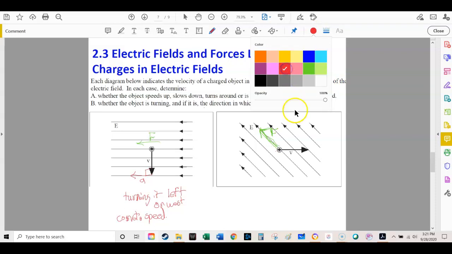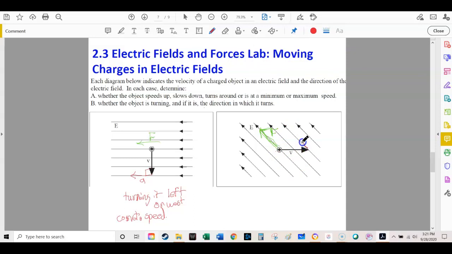Let's just tag on that acceleration vector right here. I'm going to add that acceleration vector to the velocity vector. So that's going to cause two things to happen, I'm guessing, right? So let's break this up.